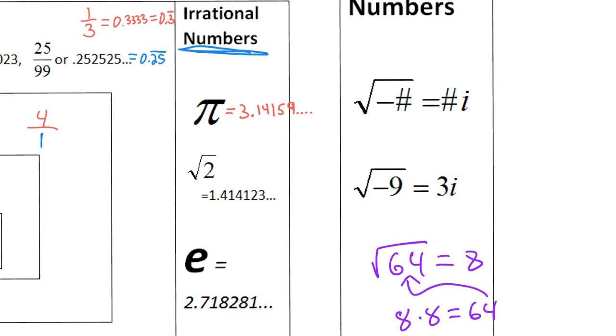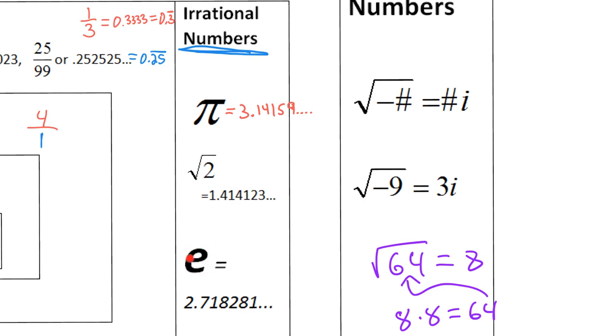It doesn't have enough space. So they only give you sometimes 10 different numbers after the decimal, sometimes 12, sometimes 9, it depends on the calculator. But it only gives you up to a specific number of decimals, but it keeps going and going. So this one is also irrational.